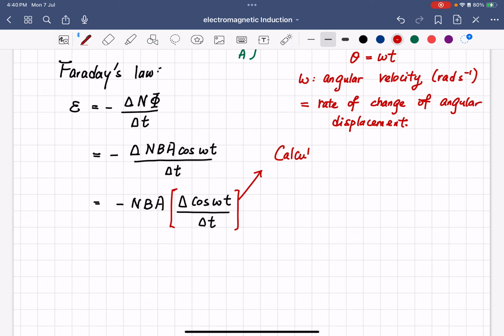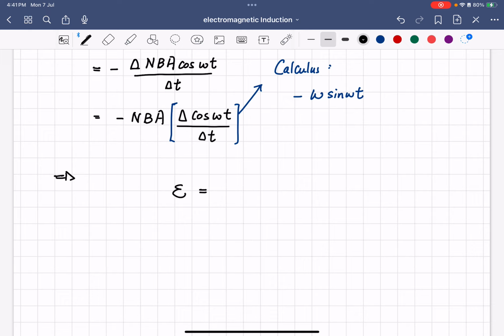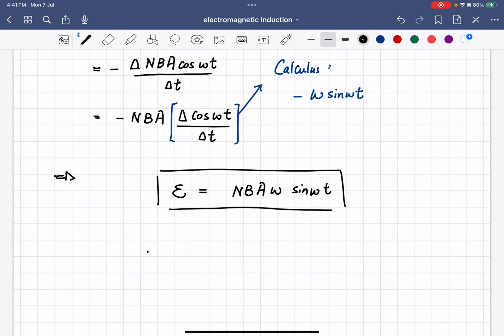From calculus, the result here will be equal to minus omega sine omega t. So putting everything together, we have EMF equals NBA omega sine omega t. This will be the expression we use for the EMF induced in a turning coil.